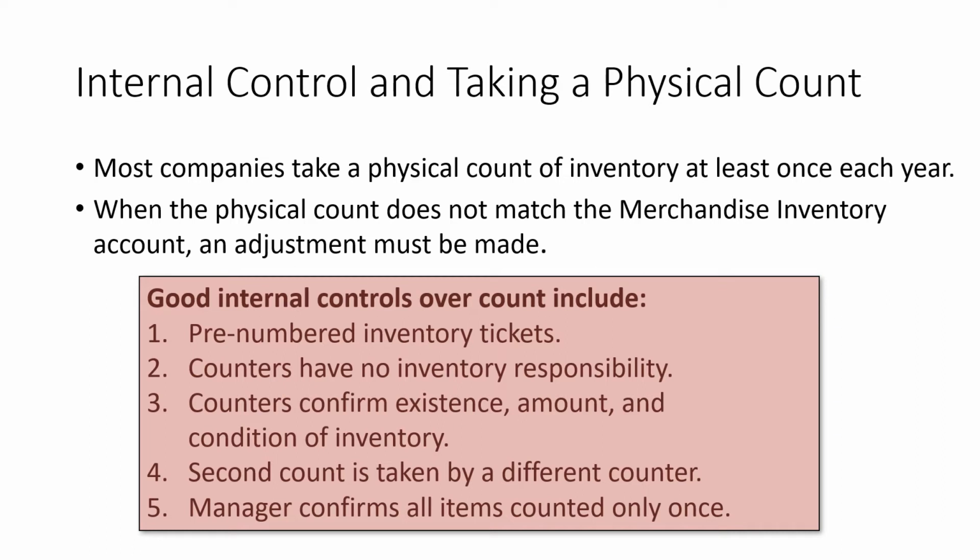So this will be employees maybe from another department who come in and do the inventory count for a department that they're not usually over. Inventory counters make sure that products exist, the amount of them, and what condition they're in. Make sure they're not damaged. Then have a second count of the inventory so that a manager can confirm that all items have only been counted one time.